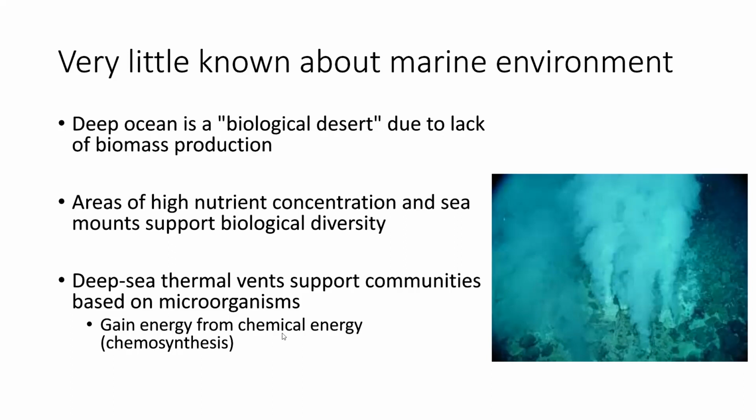And what's actually occurring isn't photosynthesis, because there's still not going to be enough light in order for photosynthesis to occur. But it's going to be a similar process in which these organisms are producing energy from chemical reactions, oftentimes from sulfur-based compounds in these vents themselves. And that's going to help communities survive in those environments.